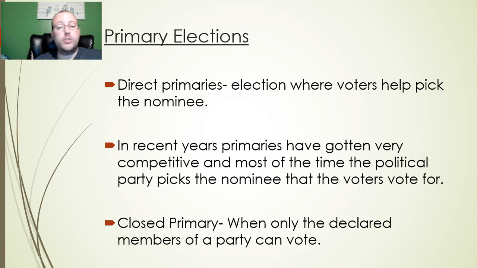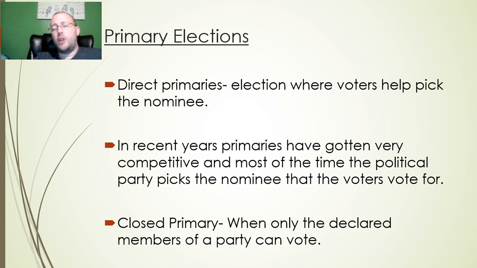The local governments are doing the same thing. We had our primaries. Someone has a runoff election, which just means that a couple of the candidates had really close votes, and they are going to run again, basically. In recent years, primaries have gotten very competitive. Most of the time, political parties pick the nominee that the voters vote for. The person that has the most support is going to usually win the nomination.